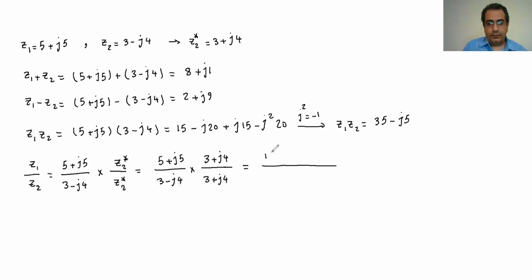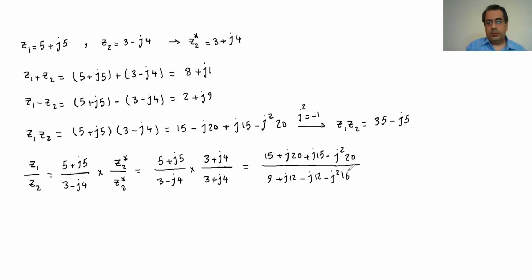So on here you're going to have 15 plus j20 plus j15 minus j square 20, and down here, what we will have is 9 plus j12 minus j12 minus j square 16.